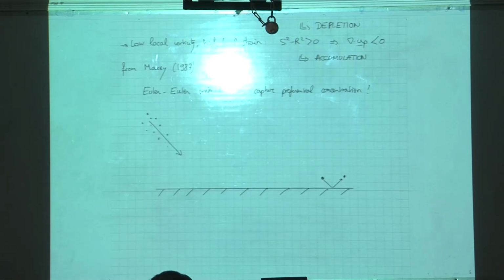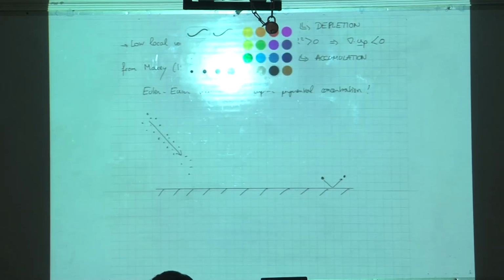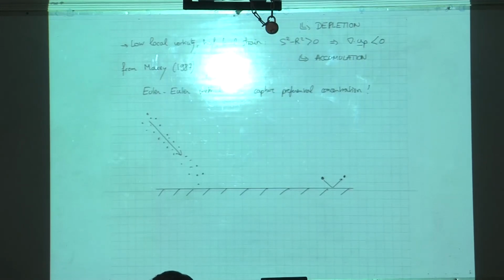Our particles will be coming in and then our particles will be leaving after bouncing, which I'll represent in red.